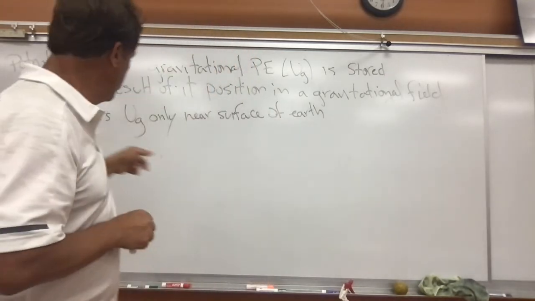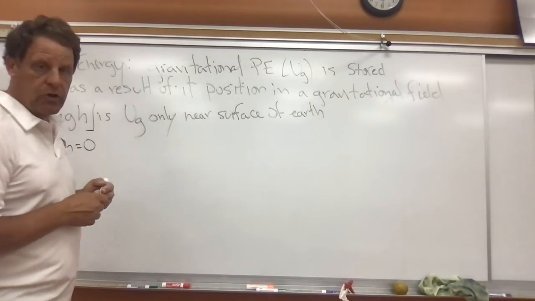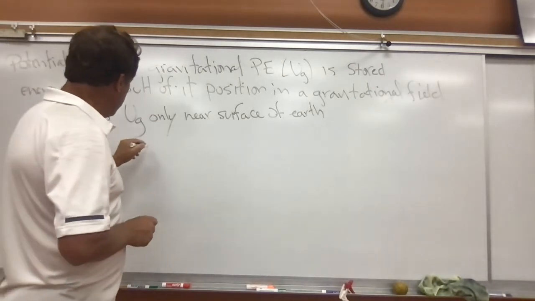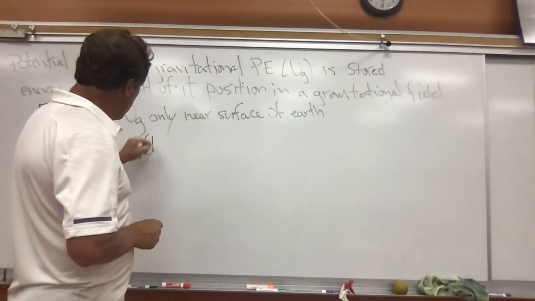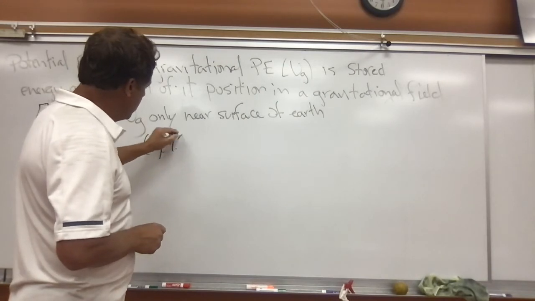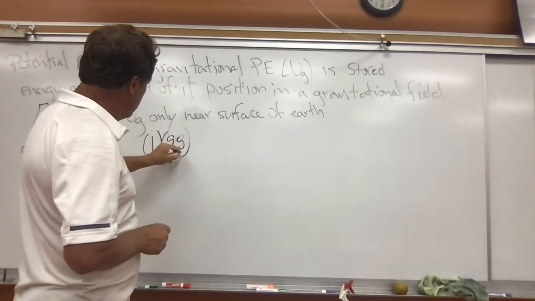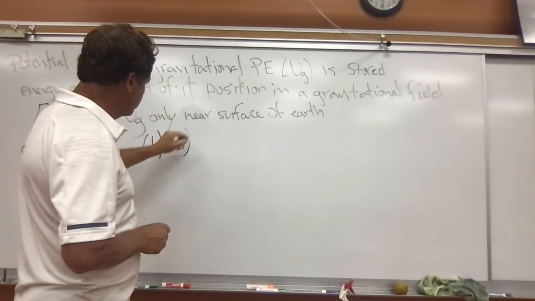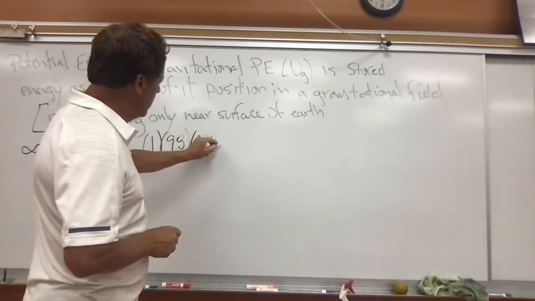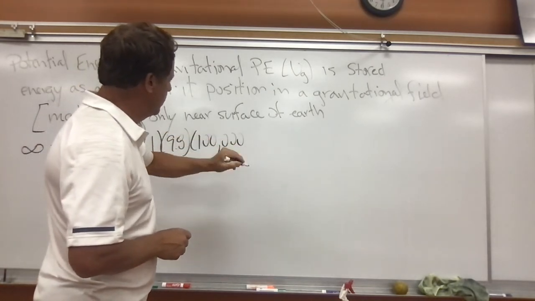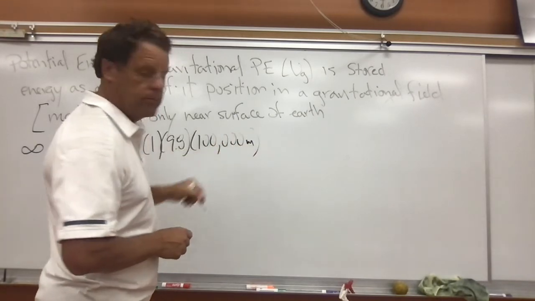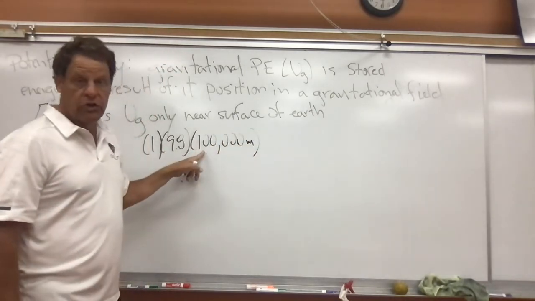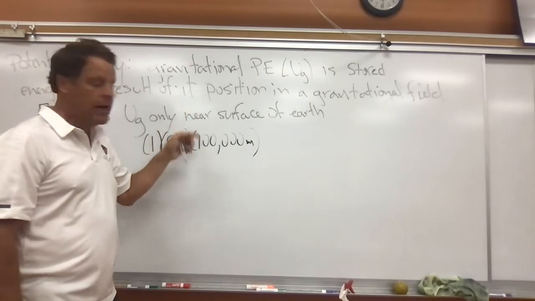So let's first do an mgh, okay? So if we do an mgh, that's going to be 1 times 9.8 times 100,000 meters. Now remember, that's the change from the surface to that new altitude.